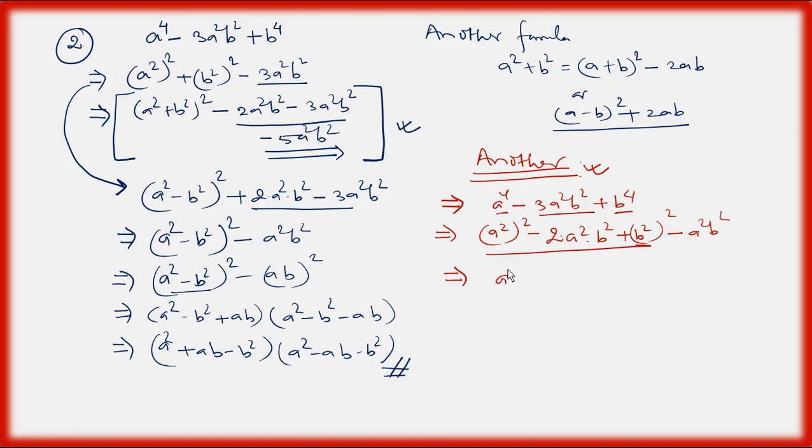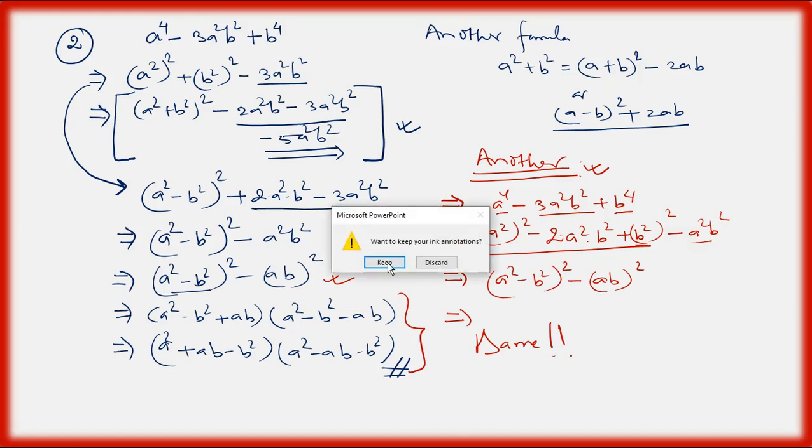So these three terms give (a square minus b square) whole square minus (ab) whole square. So we are at this step, other steps are the same. In this way we can solve another type of question, dear students. I believe you understand the second part.